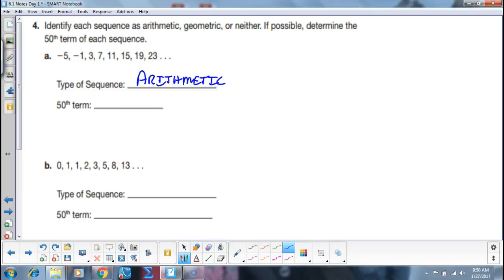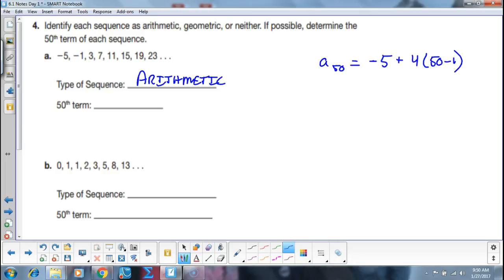Okay? And then it's asking us to find the 50th term. Well, that would be a sub 50 is going to equal my first term, so that's negative 5, plus d was 4 times 50 minus 1.